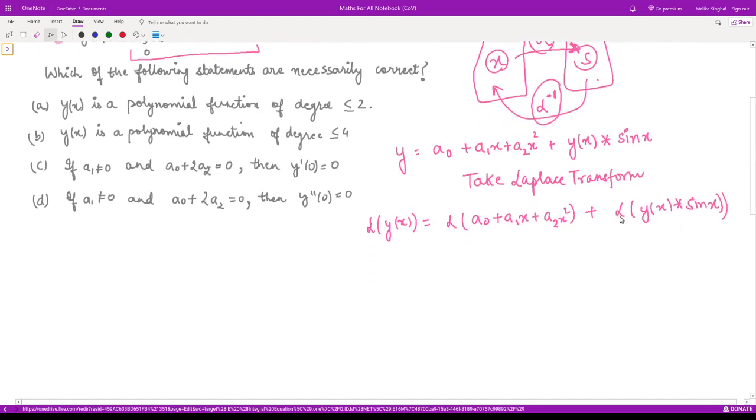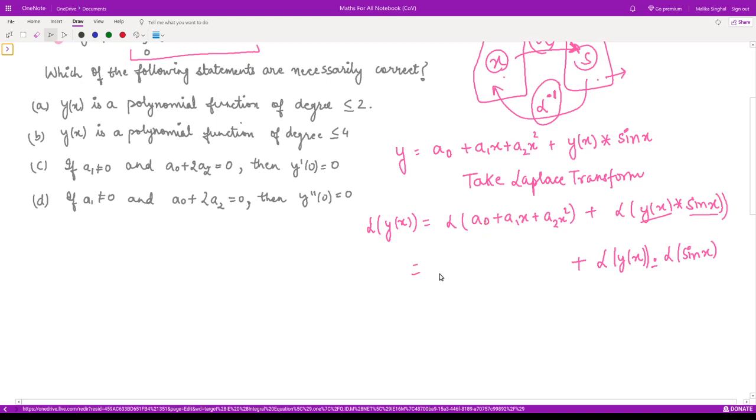By the convolution property of the Laplace transform, the Laplace of two functions which are convolved with each other is equal to the Laplace of the first function multiplied by the Laplace of the second function. So it is that simple in this domain: you have two functions convolved here, and when you take their Laplace transform, you just have a multiplication.